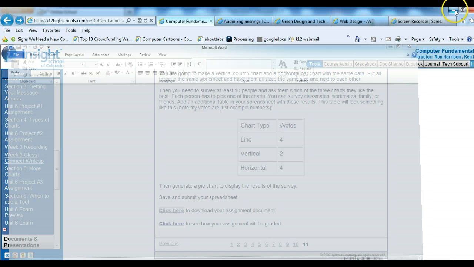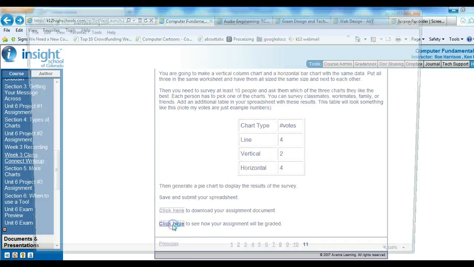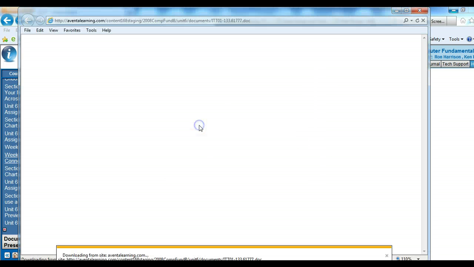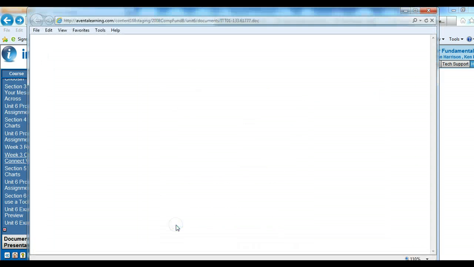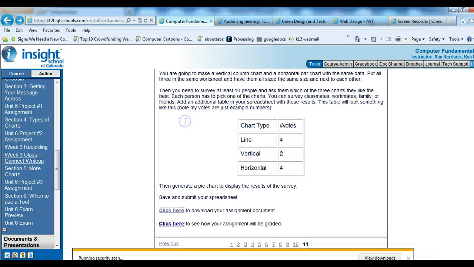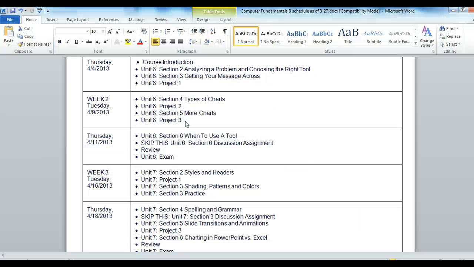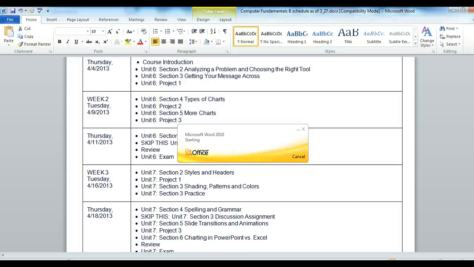Then to see how it's going to be graded, you can take a look at the grading document. These things don't want to open up very easily. Come on, Word, open.